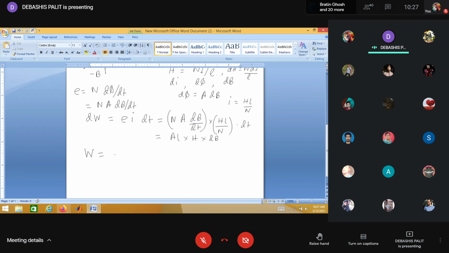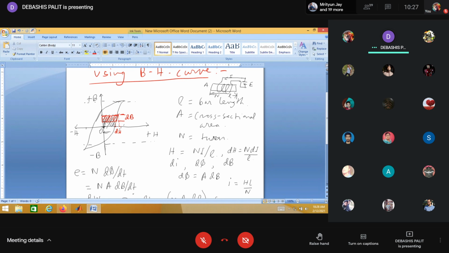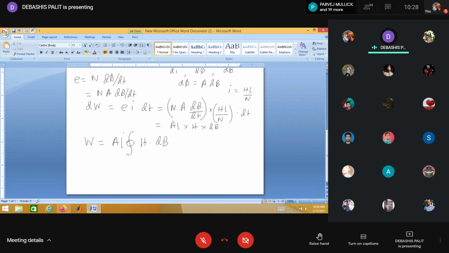So the net energy that is utilized for this reversal of magnetization, that is the complete cycle, that is W is equal to AL into the closed integral of this H into dB. So if you consider the complete cycle, then your total cycle, the BH loop, will be completed.